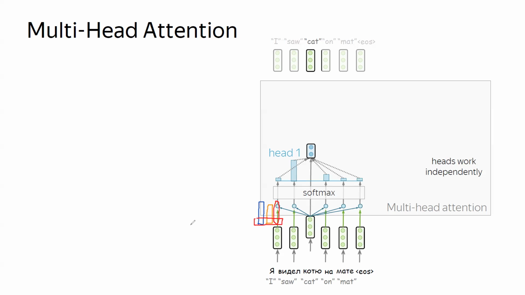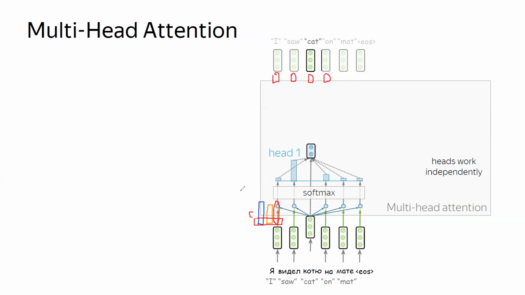So I will calculate kind of smaller context-aware embeddings. Then I can calculate self-attention for the second part, and so on. However many splits you take, you will have the same number of heads.